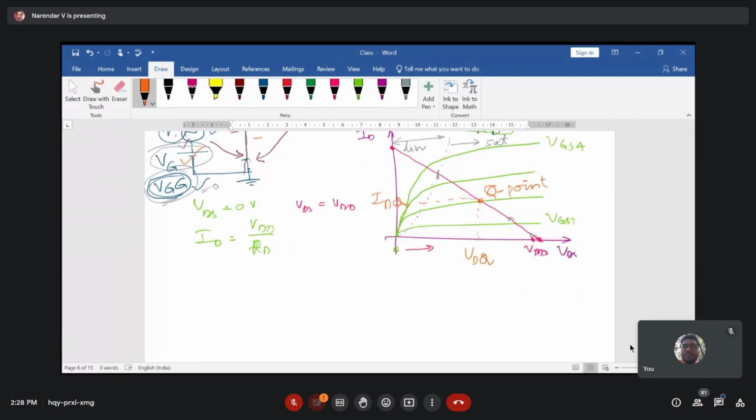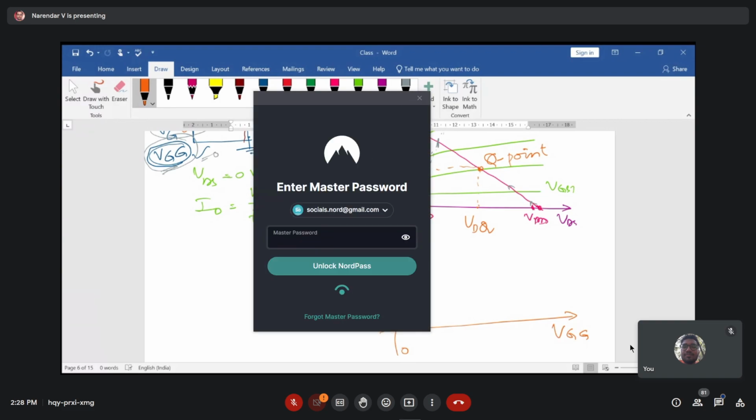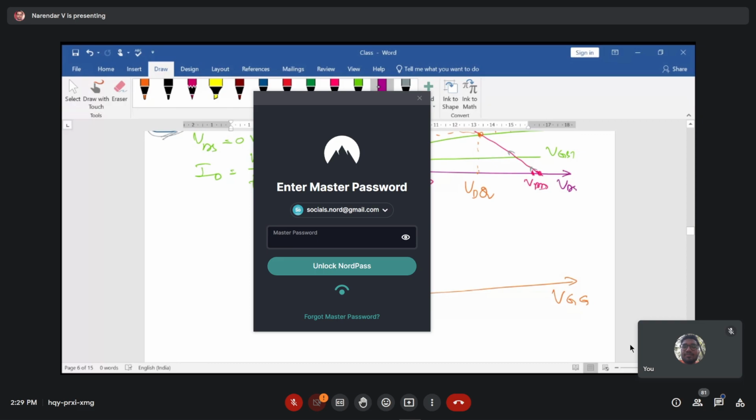Now if you draw the VTC plot of a transistor, consider VGG increasing from 0 volts to higher voltage, and this is your V naught. So we are trying to draw the Vin versus Vout characteristics. When your input DC voltage is small in magnitude, your transistor is off until it reaches the point called the threshold voltage.